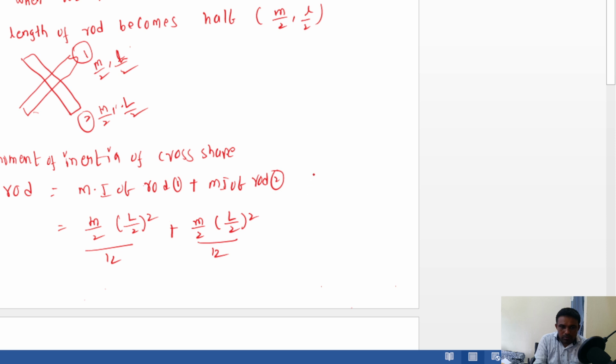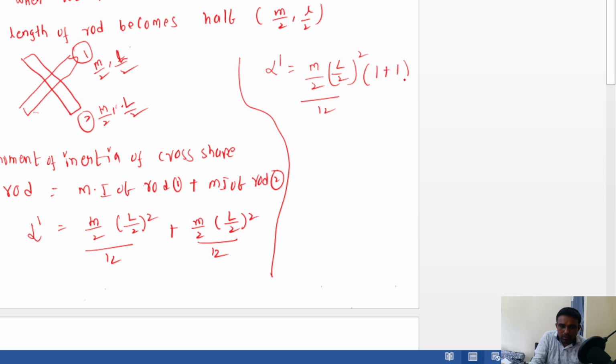Now the total moment of inertia of the cross shape rod, let us assume alpha dash. Alpha dash is equal to, taking common, m by 2 into L by 2 whole square by 12, times 1 plus 1. So 2 into m L square by 2 square, means 4, 2 fours are 8, into 12.